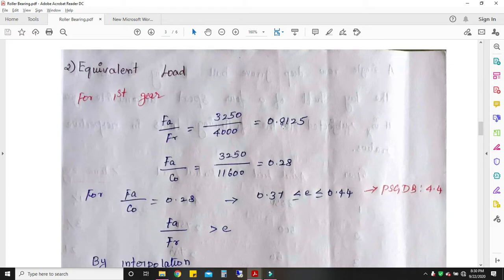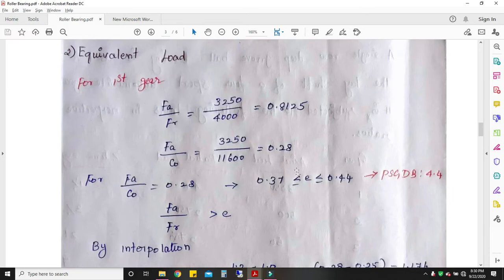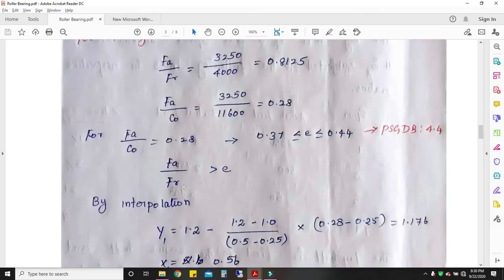So FA by FR is greater than E. This is the condition for the first gear.